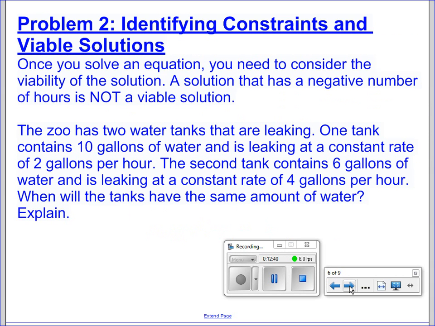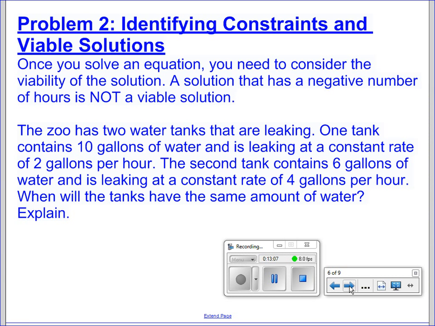All right. We're also going to look at problem 2, identifying constraints and viable solutions. And at the end of this problem, you'll see more problems in your notes, but we'll tackle those on another day. All right, viable solutions. The word viable means that it is possible. It makes sense to the problem.